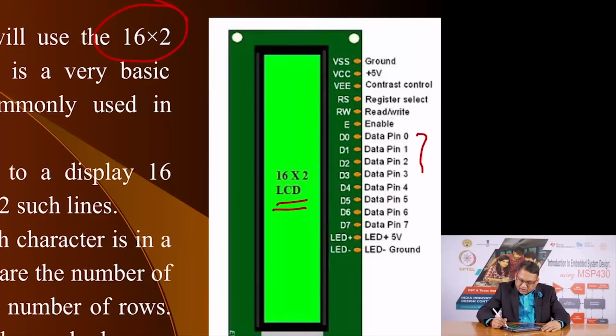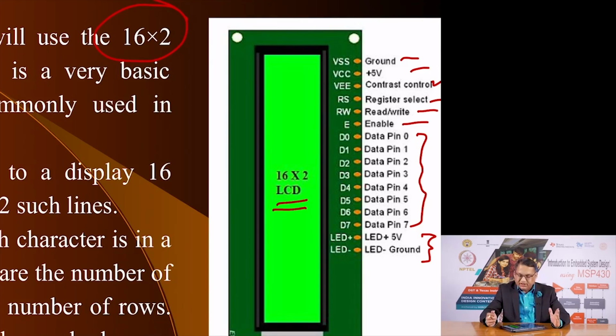And the Hitachi controller HD44780 offers a unique and uniform interface which has these 8 data lines, some control lines like these and these, and a power supply here, a power supply for the backlight and a contrast control.